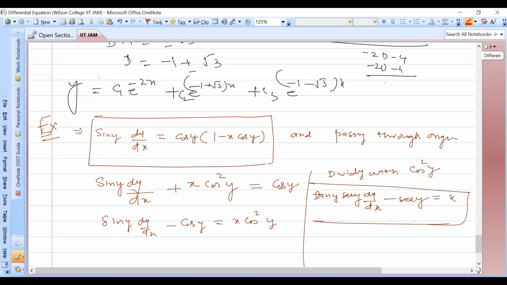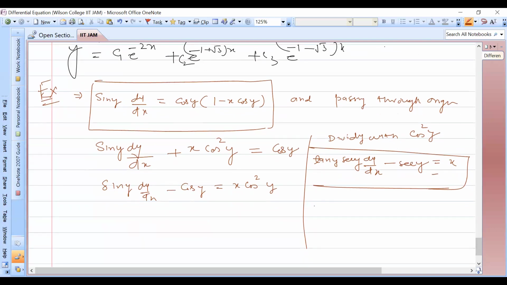What next? We can put sec y equals v. So sec y tan y dy by dx equals dv upon dx. So dv upon dx minus v equals x.